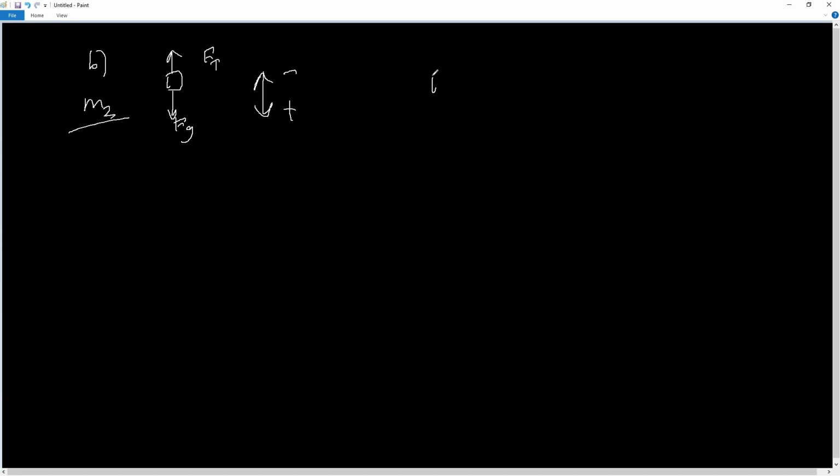Remember we had F net 2 equals M2A. And F net 2, the net forces, total to Fg2 minus Ft equals M2A. You can also use equation 1, but equation 2 just has fewer variables, so it makes it much easier. Now let's rearrange.